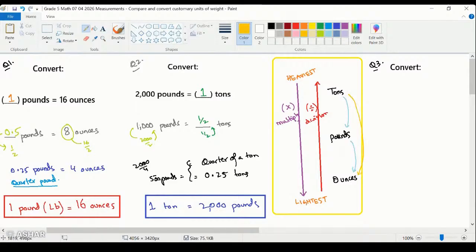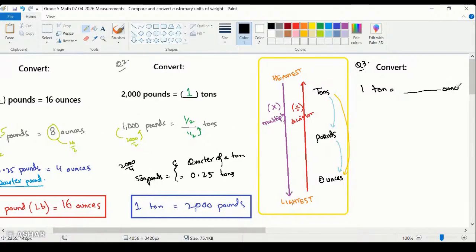Let's try a question where we need to solve from tons to ounces or ounces to tons. Okay, let's say we need to find 1 ton, sorry, 1 ton should be equals to how many ounces?